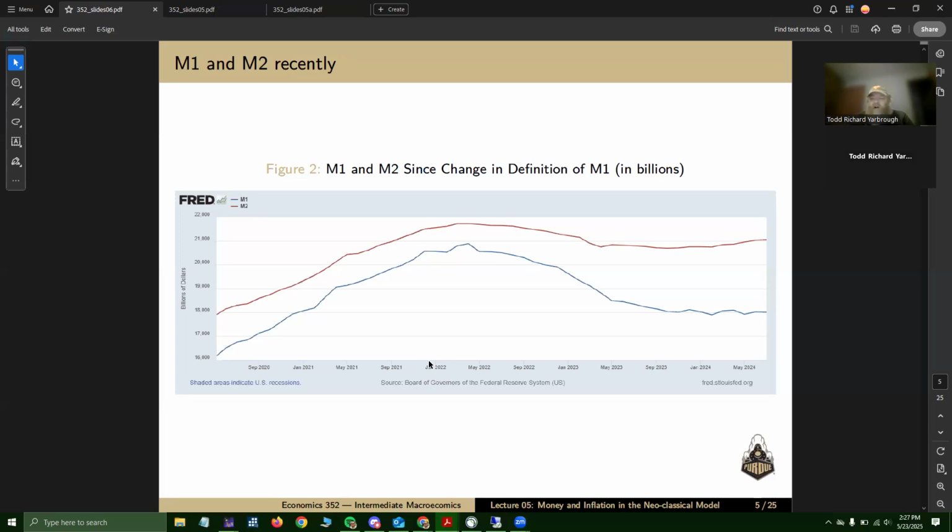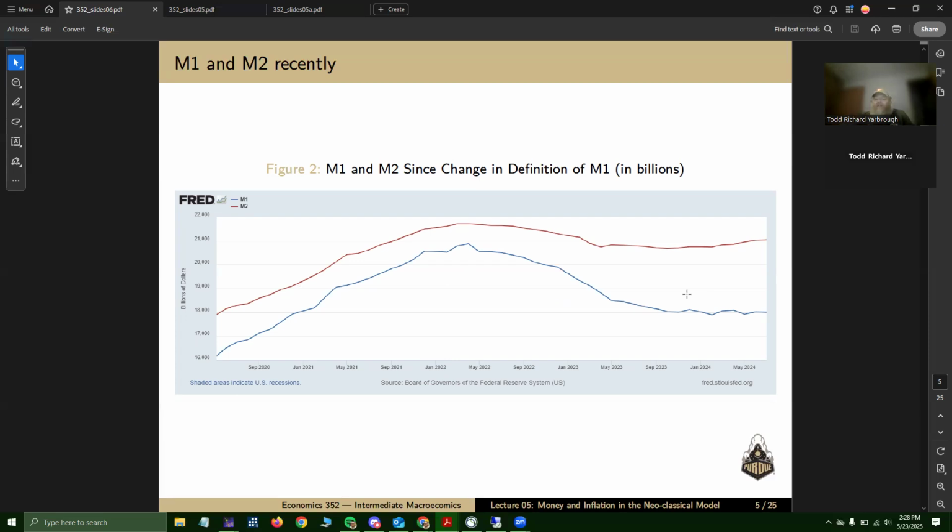In the case of the COVID experience, the Federal Reserve dropped the target interest rate to basically zero for about a year or a year and a half. And then about June 2021, we see that the money supply continues to increase, go up. And then around 2022, we start targeting higher interest rates in the US. And as we start targeting higher interest rates, the money supply declines.